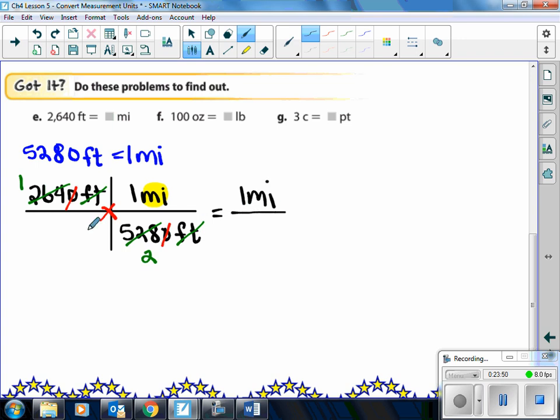Over, and then we could put a 1 over here. So 1 times 2 is 2. So if you look at this right here, there's my fraction. So this is going to be 1/2 a mile. So 2,640 feet is equal to half a mile.